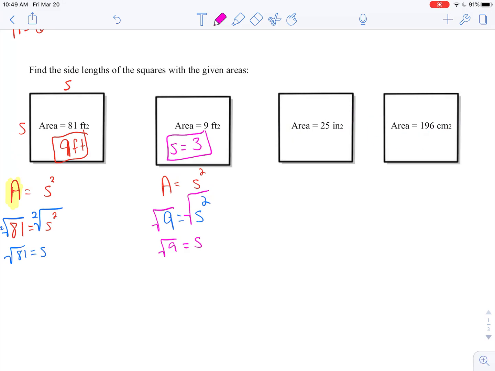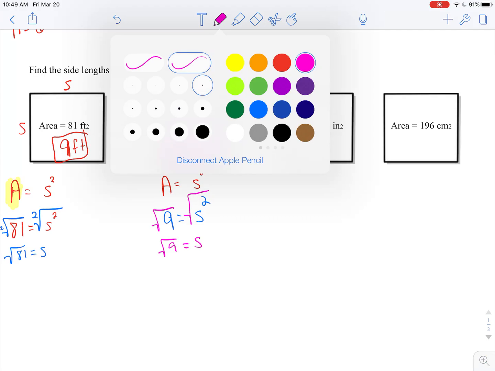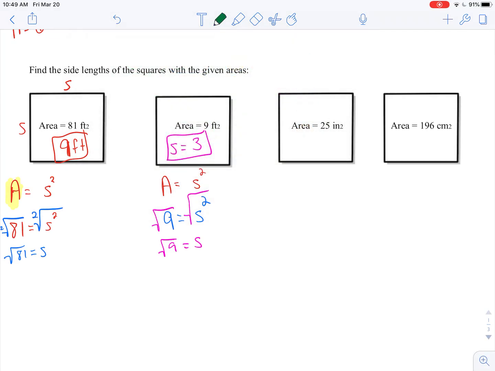Why don't you guys find your last two side lengths here, pause the video, try that out, and then you can unpause and see how it went. All right, so area is 25. And I know the area is equal to the side length times itself. And again, that's because I have a square, so these sides are all the same. Where do I substitute in the 25? Where do I substitute that area value? Well, I'll put that where the area goes.